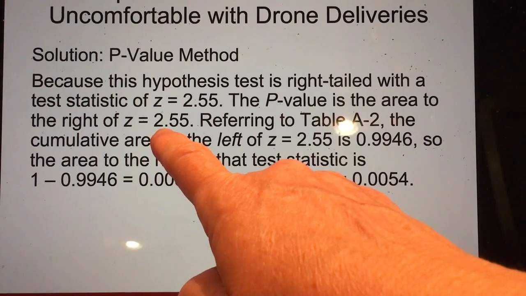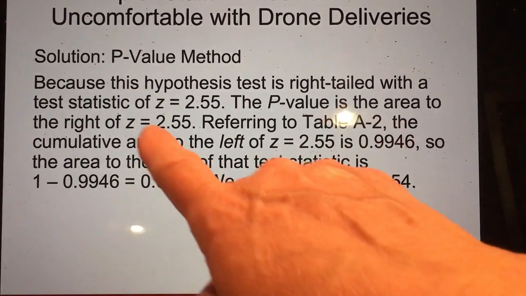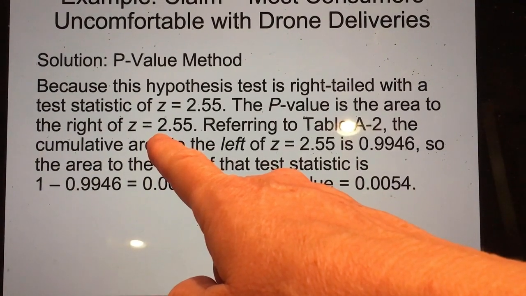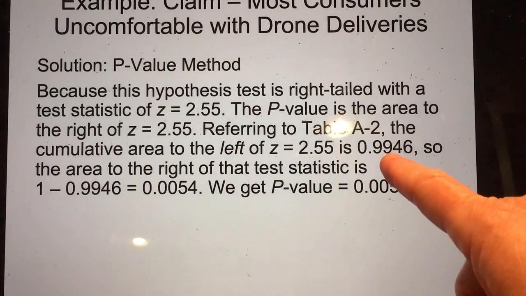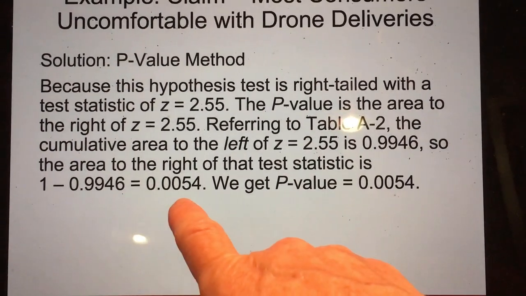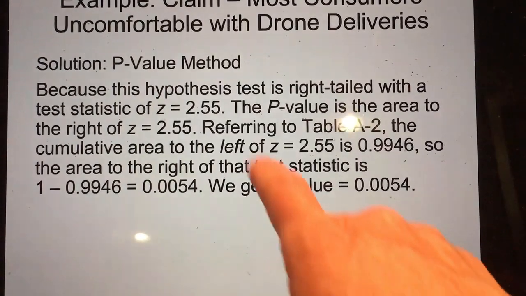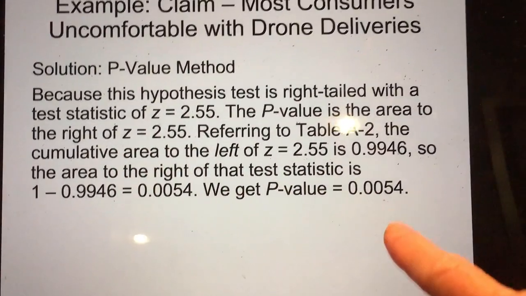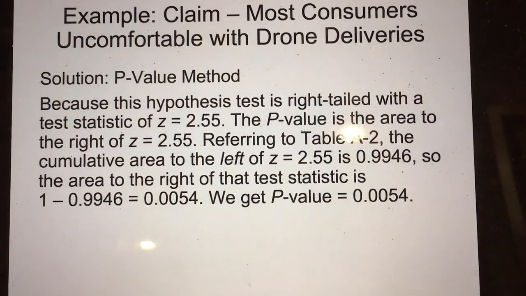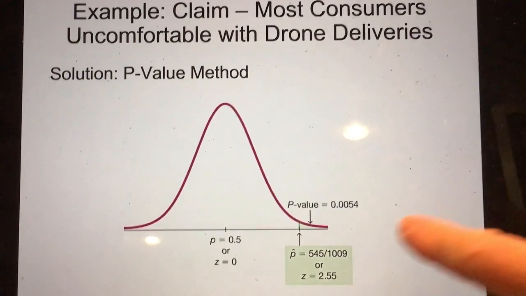So we go to our table, that's our standard normal table. We look up 2.55. We find the area to the left. We subtract it from 1, and we get our area to the right. So we get a p-value that goes with our test statistic of 0.0054. So we're still using the p-value method here.